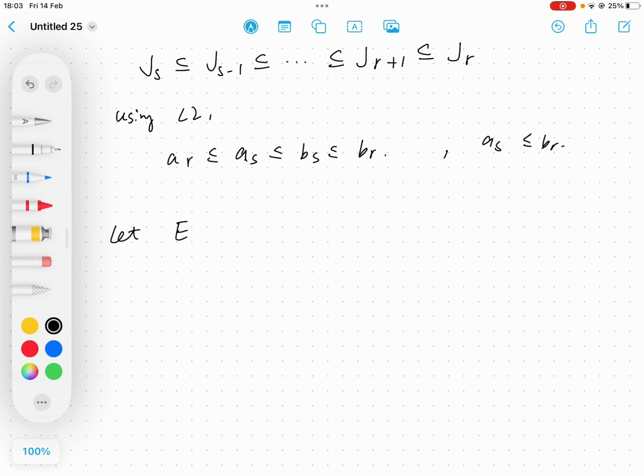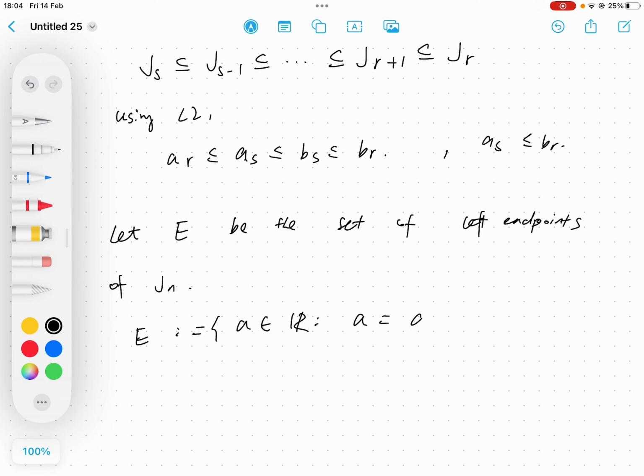Okay, all right. So that's something we have, and then we can call some E the set of left endpoints of Jn. Okay, so it means this E is some set of those elements A, such that in R1 this A is An for some n, right?